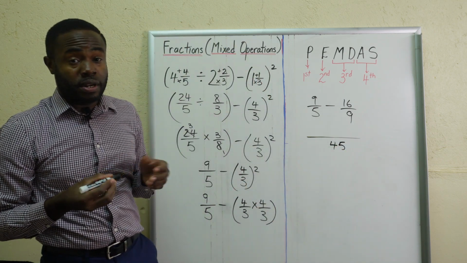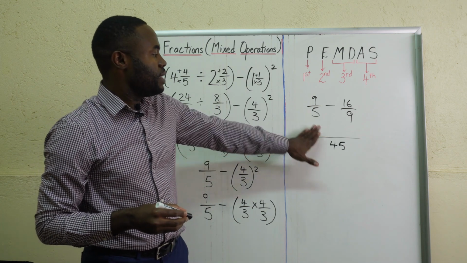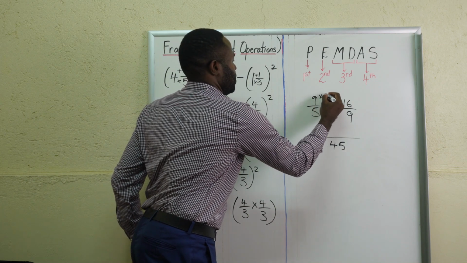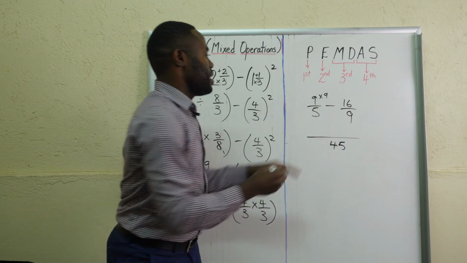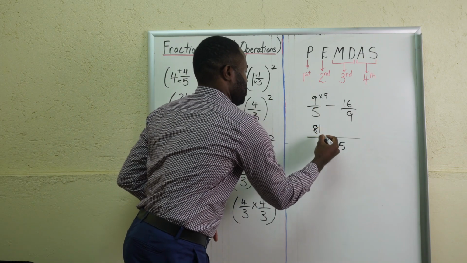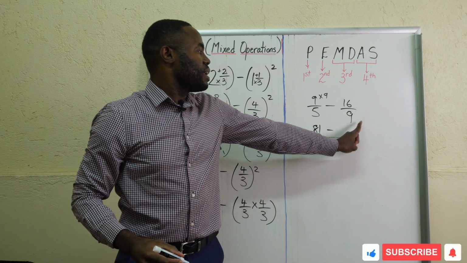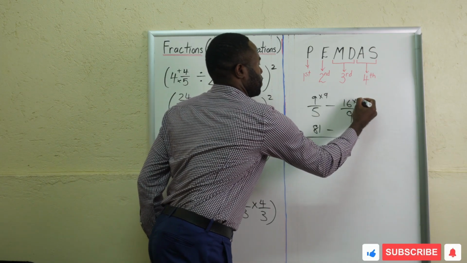After you have found your common denominator, you're going to divide, right? So 5 into 45, that goes 9 times. Alright, and then you multiply 9 times 9, that gives us 81. Put your subtraction. Then you divide on this side now. 9 into 45, that goes what? 5 times.